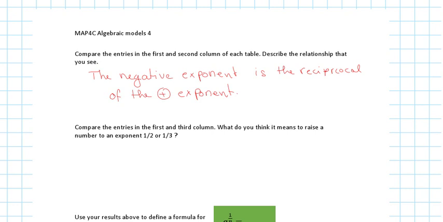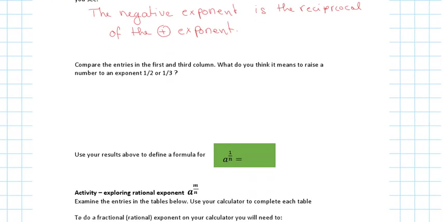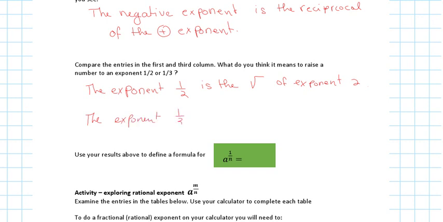And we said that the exponent a half is the square root of exponent 2, and the exponent 1/3 is the cube root of exponent 3, right?